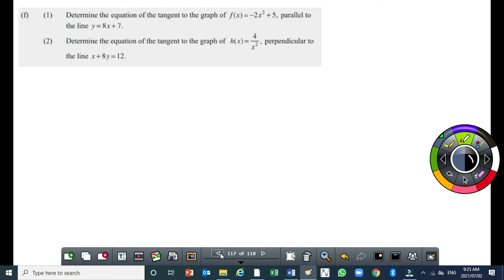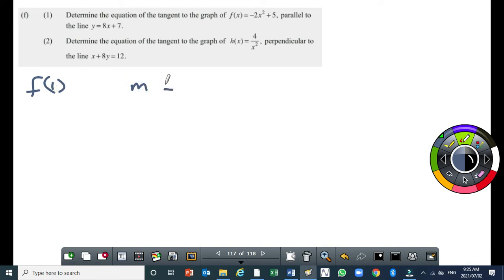So we have to use our knowledge of gradients. We also need to determine the value of x and y at the point of contact. So the first thing, let's find the gradient. I'm referring to the question here.